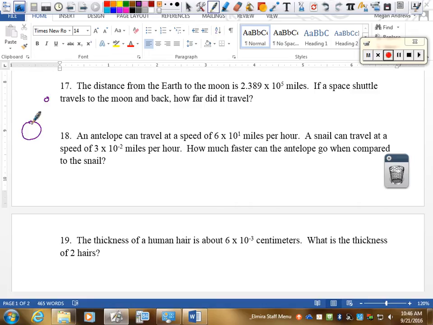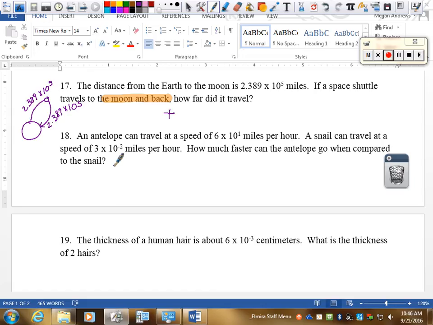We're going to the moon at 2.389 times 10 to the 5th. And we're returning. That's also 2.389 times 10 to the 5th. It's the same distance. So if we're talking about total distance to the moon and back, the context clues in the word problem, to the moon and back, help us realize we're going to add.